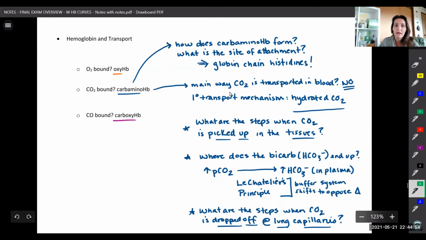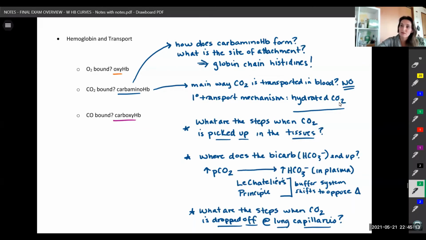The primary way that CO2 is transported in the blood is in the hydrated state. This just refers to the buffering reaction that occurs when CO2 combines with water to produce carbonic acid that dissociates and produces bicarbonate and hydrogen ions.